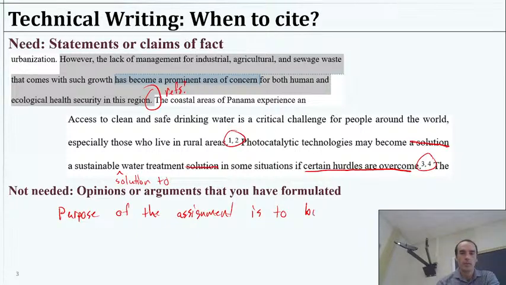So we'll say build, or maybe even learn, your own opinion. We'll say build your own opinion based on what you learn from other people.